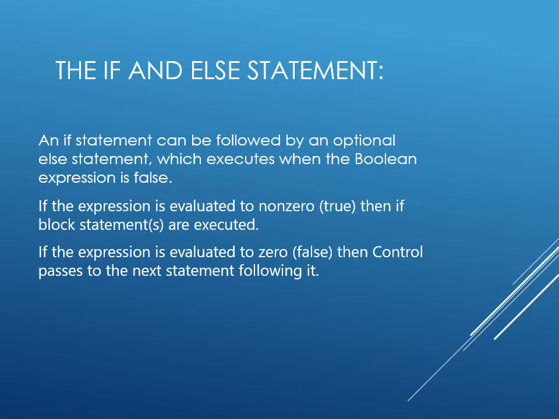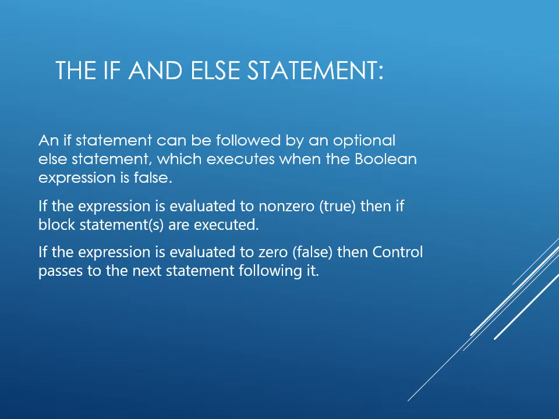So the if and else statement. An if statement can be followed by an optional else statement which executes when the boolean expression is false. We can use the if statement separately as well, according to the requirement of the code, and we can use it with an else statement as well. If the expression evaluates to non-zero, true, then the if block statements are executed, meaning that if our condition is true, then we will execute the if statements.